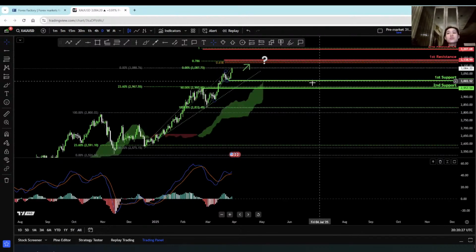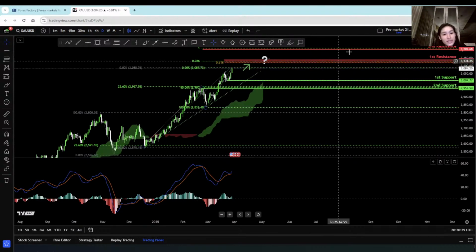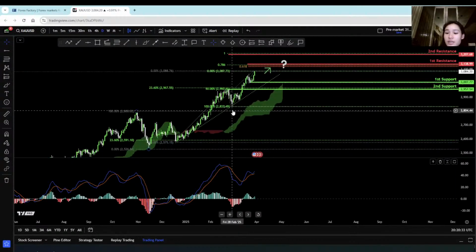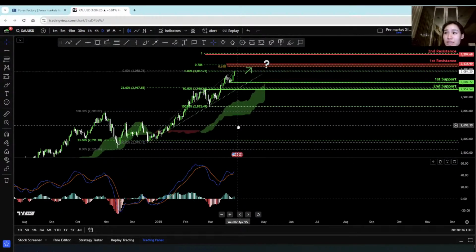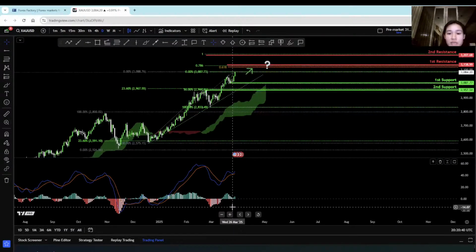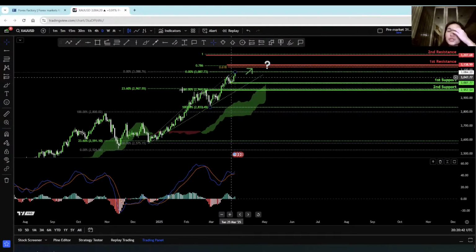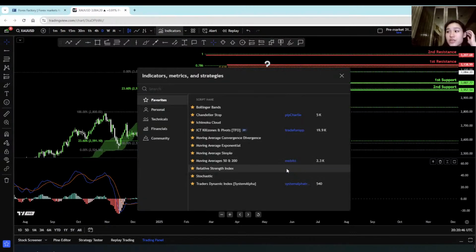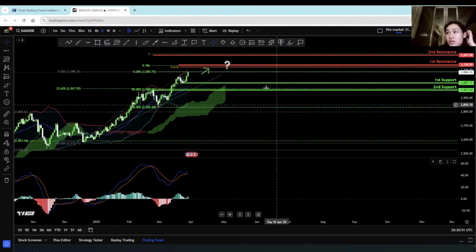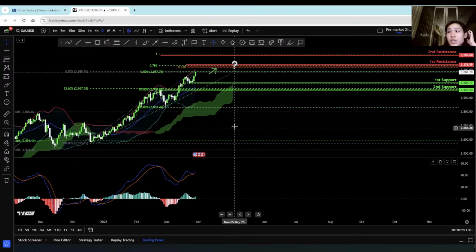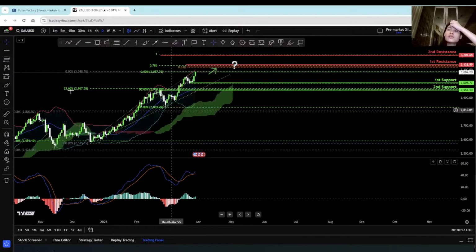Okay, so I'd like to start off with Ichimoku and MACD because at one glance you can see exactly what these signals are. MACD you can see is giving us a bullish signal. Ichimoku prices are moving above the cloud, so it is giving us a bullish signal as well. Let's look at Bollinger Bands. Okay, you can see prices pushing above the upper band as well, so that also gives us a bullish signal.